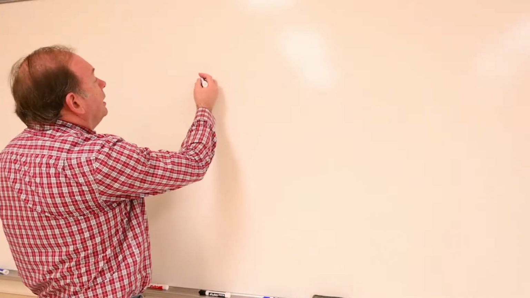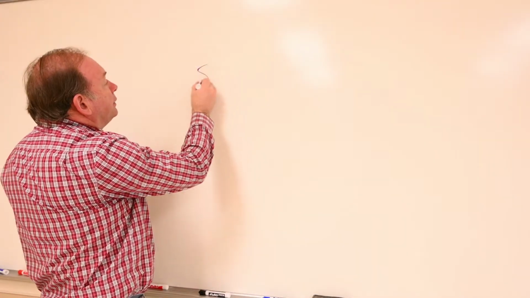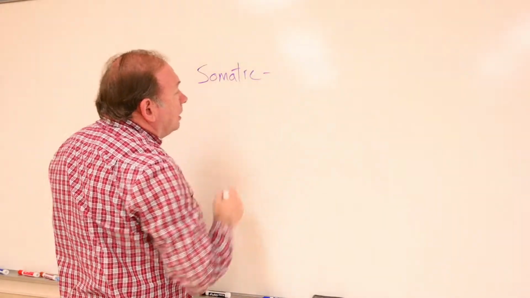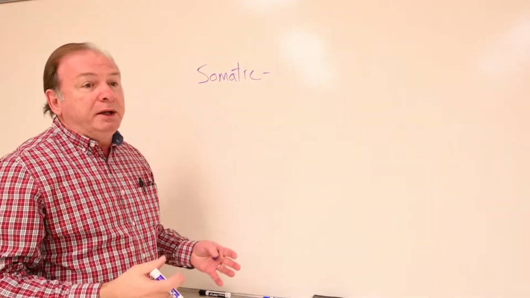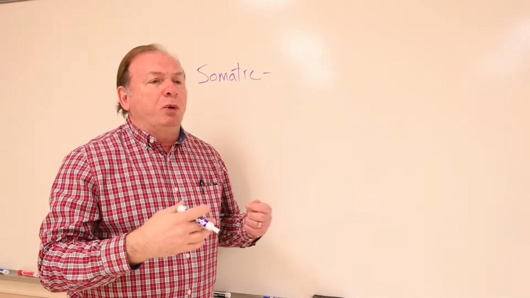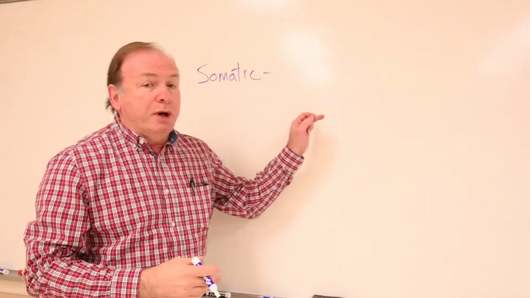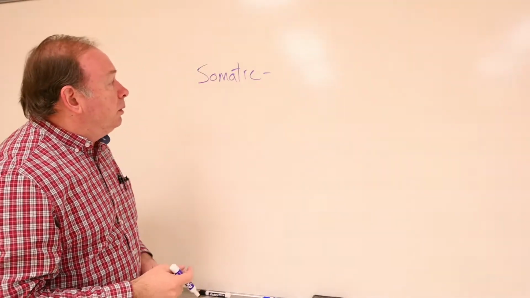Next, two major functional divisions of our nervous system include what we call the somatic branch. These are voluntary, or where we have conscious awareness, I suppose is a better way of saying it, conscious awareness of what goes on.